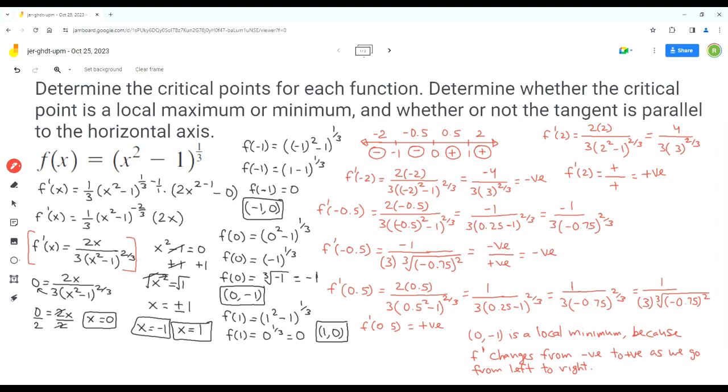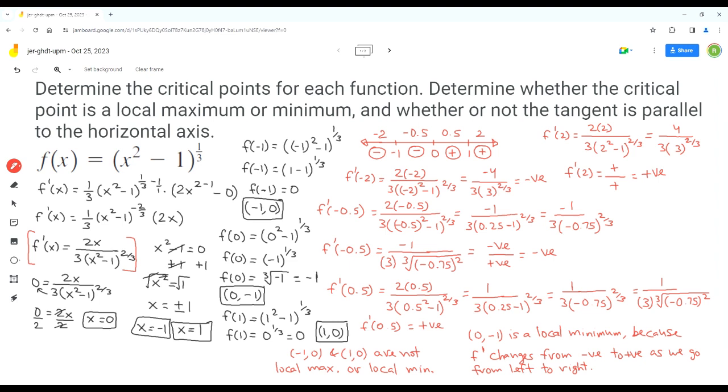So the other two critical points, -1, 0 and 1, 0 are not local maximum or local minimum. And the reason is because the sign of prime of f does not change on the sides of those critical numbers. So we have answered the second part of the problem.